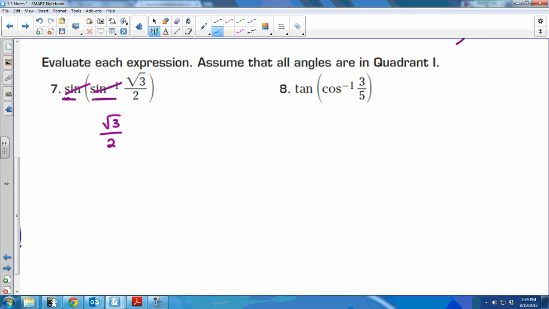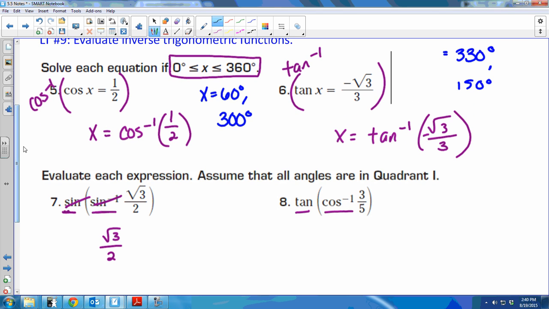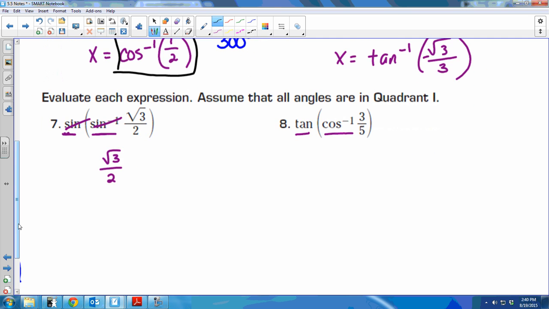But over here, it says to find tangent for the inverse. So follow me here. Just like up here, we started off with an equation, then I took the inverse, right? So here I have the inverse that used to be an equation.